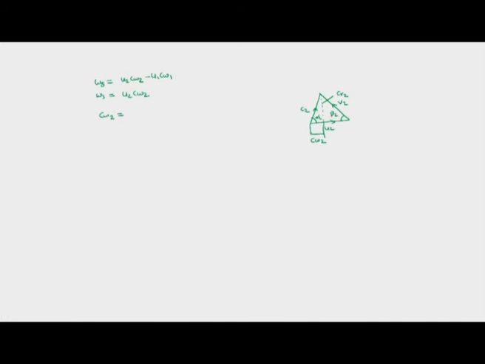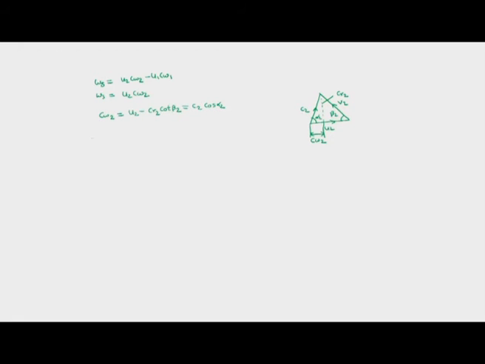So for us Cw2 is equal to, from this velocity triangle, U2 minus this distance, which is CR2 cot beta 2, which is otherwise C2 cos alpha 2, or otherwise U2 minus CR2 cot beta 2.